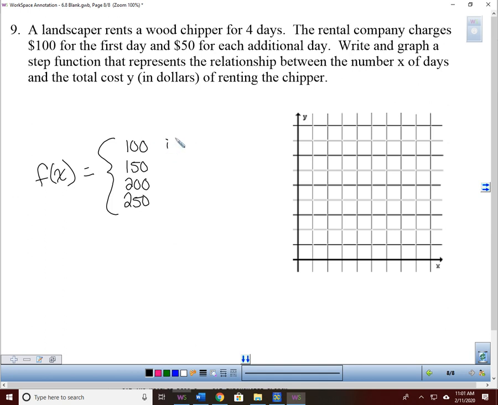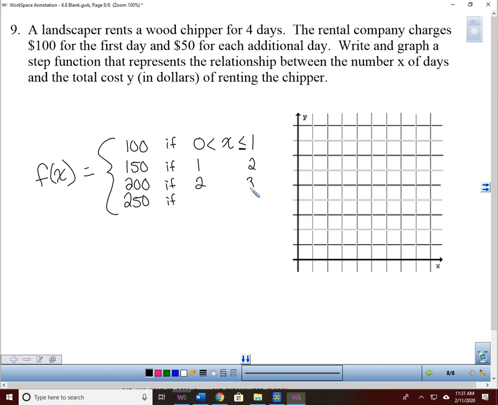We have ifs on all these. This is day 1, right? So anything, half a day, you know, whatever, 3/4 of a day. So if x is in between, now remember, this is for a whole day. This would be between days 1 and 2.